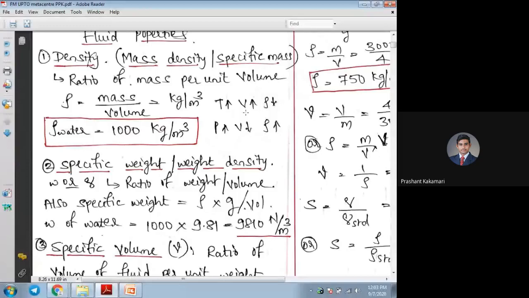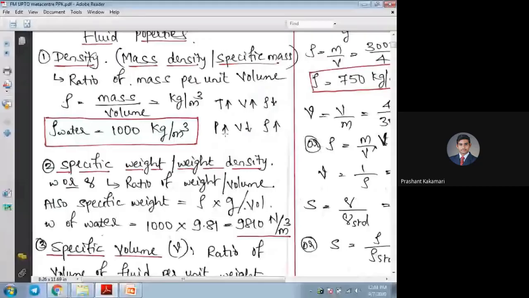Volume varies only by applying some pressure or temperature. I hope everyone will agree with this. Whenever you increase the temperature for any given liquid or solid, the volume will increase a little.